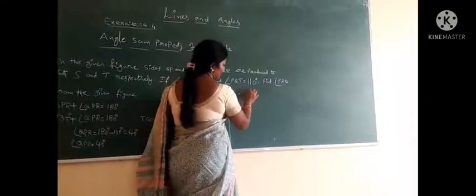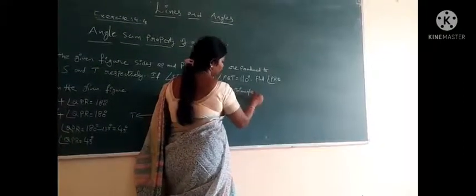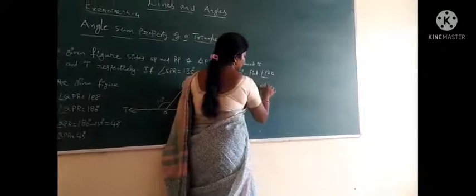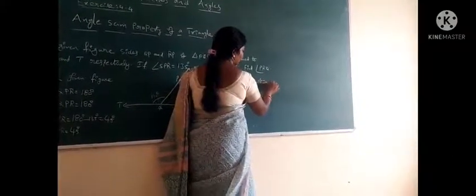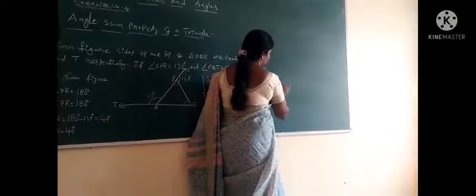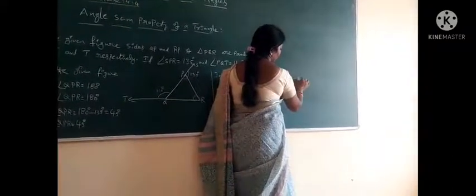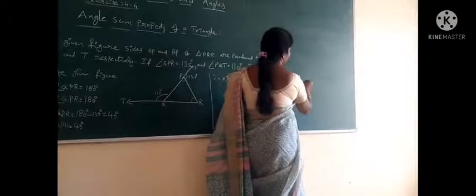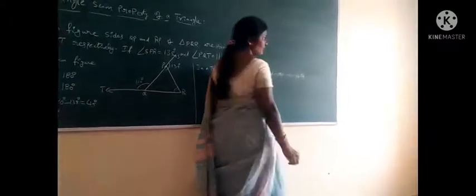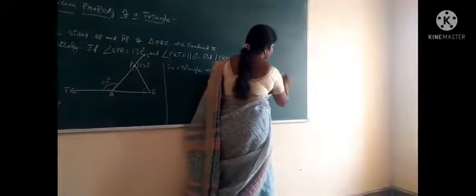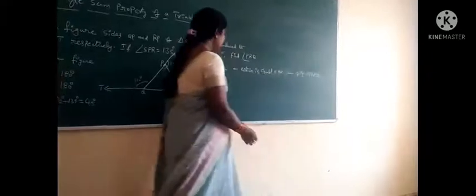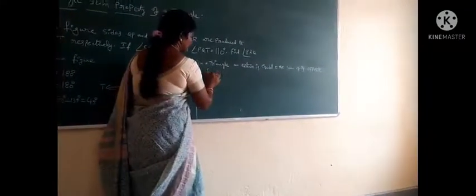In a triangle, an exterior angle is equal to the sum of its opposite interior angles.